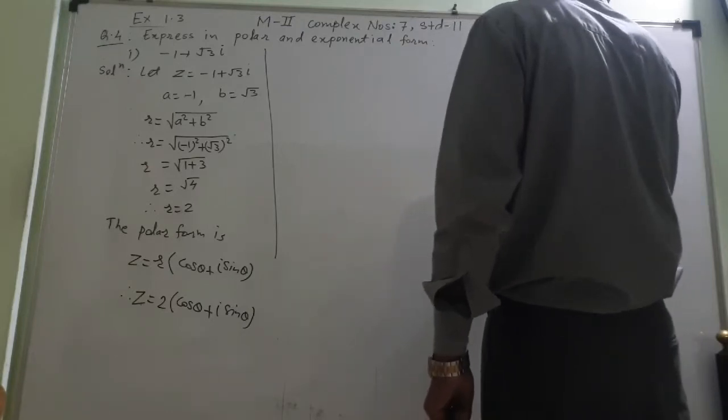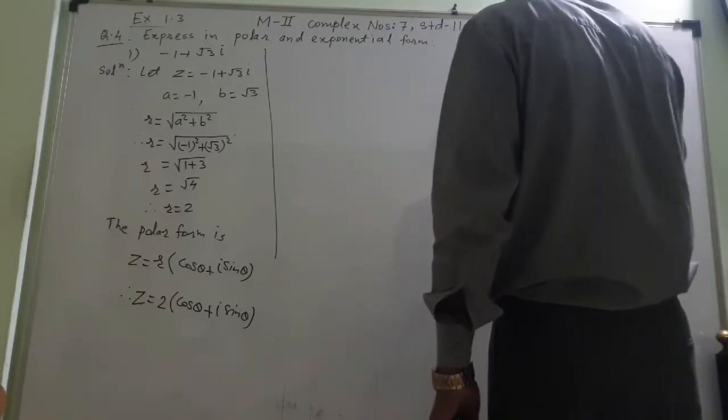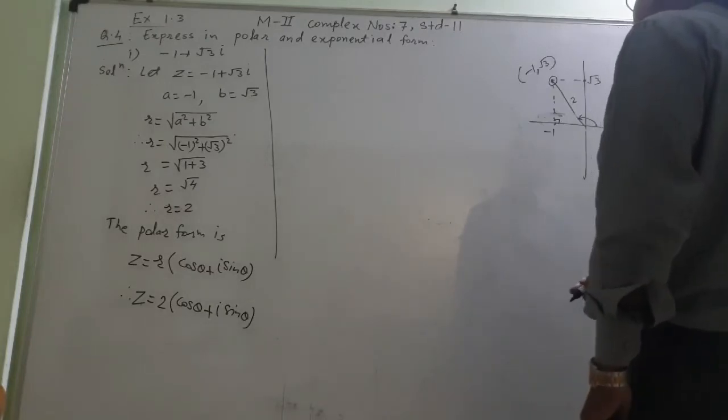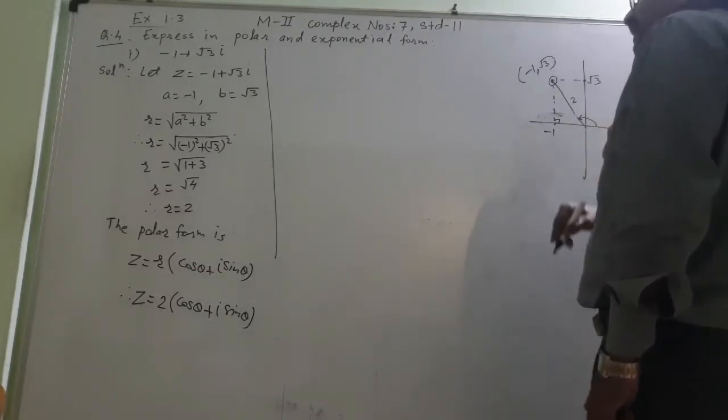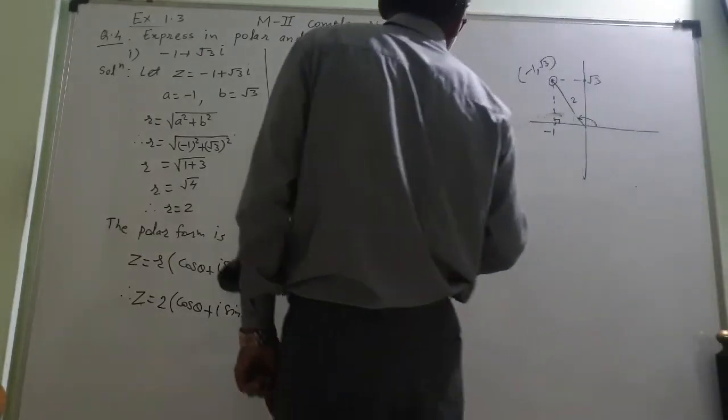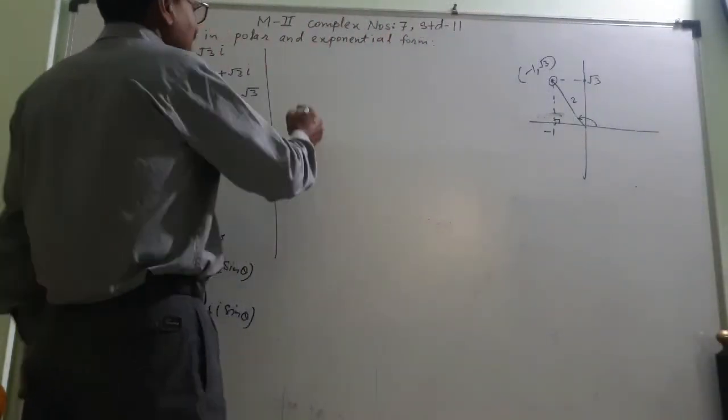So from this right angle triangle, I will find what is meant by tan theta. Tan theta is equal to opposite upon adjacent.